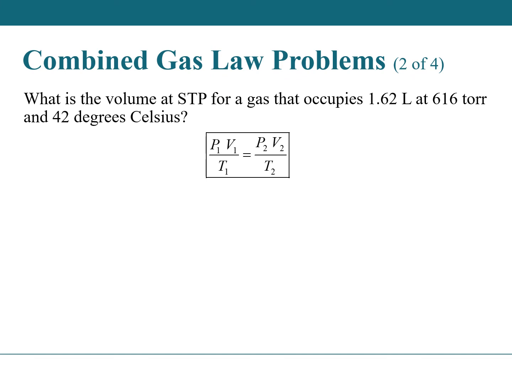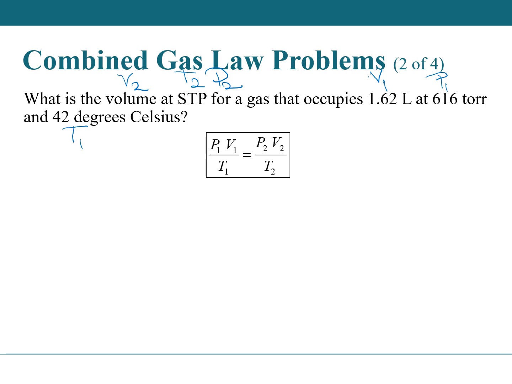Okay, so let's do another example. In this example, we want the volume, we'll say that's V2, at STP. So this is going to give us T2 and P2. What it originally occupied was 1.62 liters at P1, 616 torr, and this is T1, 42 degrees Celsius.